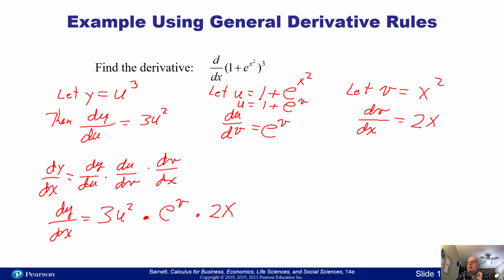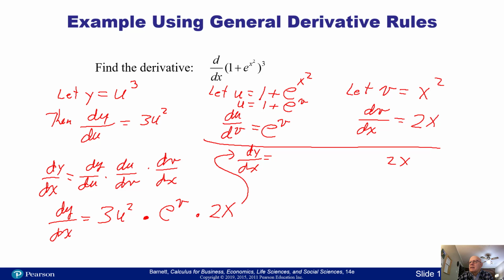So that's what we've got so far. Now let's back substitute. So we're going to move up here, and we're going to get that dy/dx that we need. First of all, the 2x is fine. Leave that.